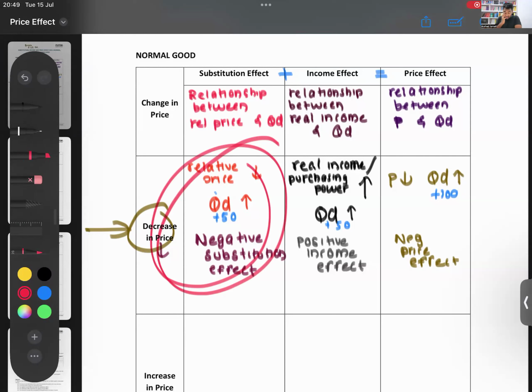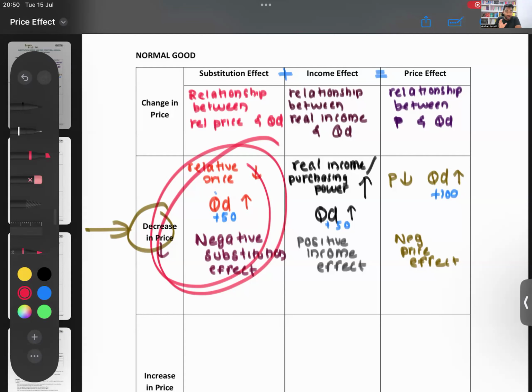So I'm going to say, remember in your paper, don't write arrows and all. I'm not going to give you full marks. So I will say, when the price of a normal good decreases, its relative price will also decrease.